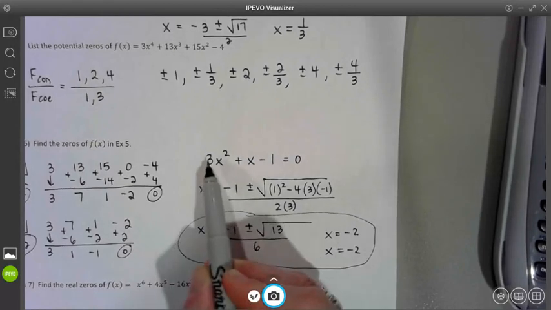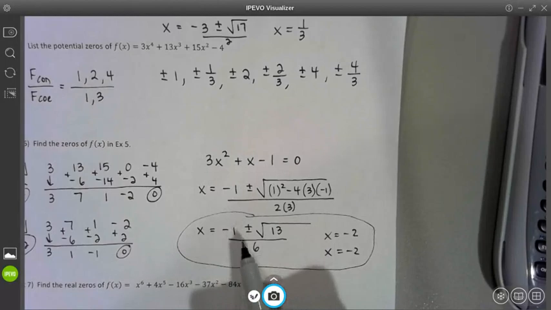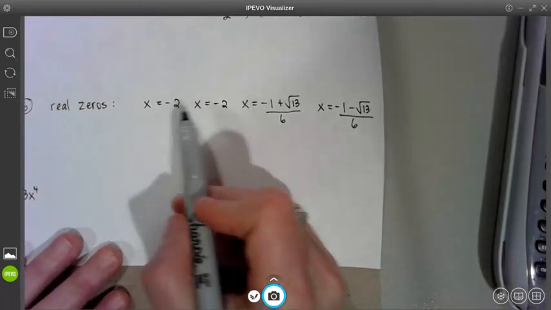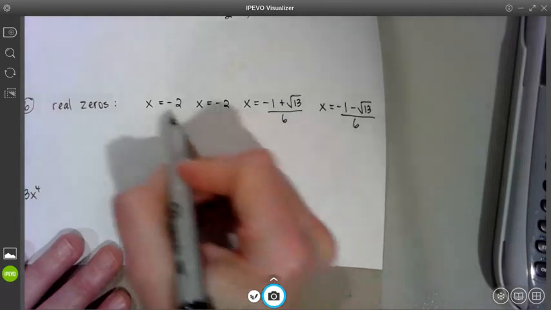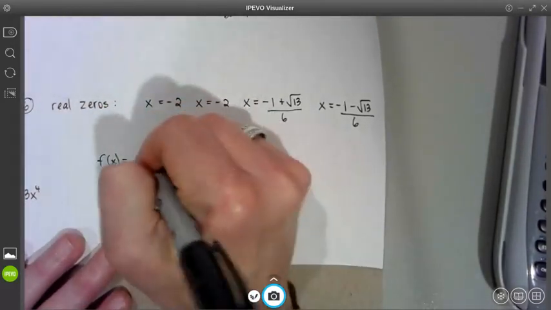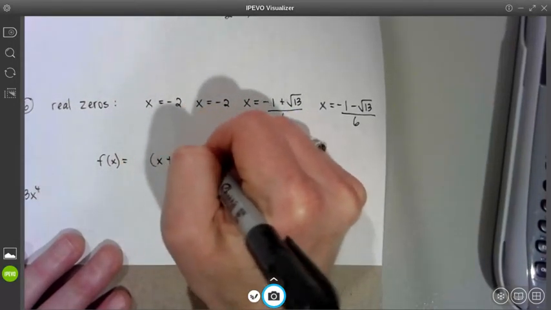The problem is this is not a linear factor, it's a quadratic factor, and sometimes they specifically ask you to write your zeros as linear factors, okay? So really quick, if I just show you that, we have zeros -2, -2, and then these two. To write it as a factor, that's just going to be x plus 2. To write it as a factor, that's going to be x plus 2.